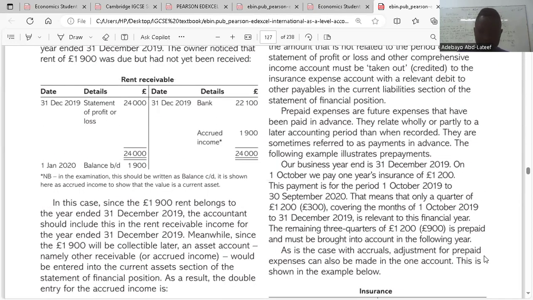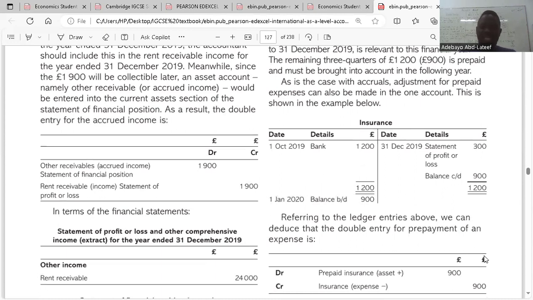Accrued income means we have rendered a service to a customer that has not yet paid. So accrued income is a current asset, which is other income, and accrued expenses is a current liability, which means we have been rendered a service that we have not yet paid for. So accrued income is a current asset, accrued expenses is a current liability.